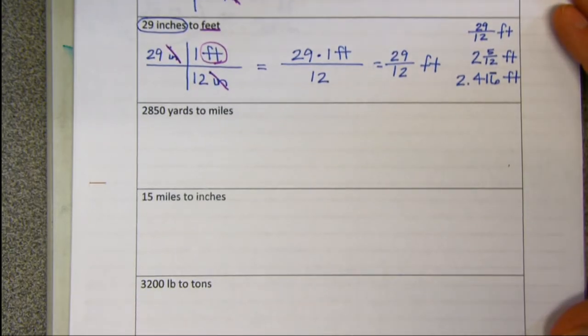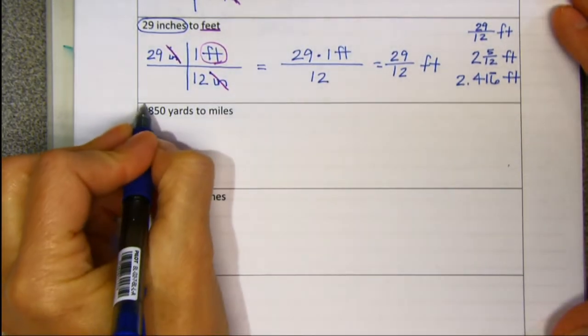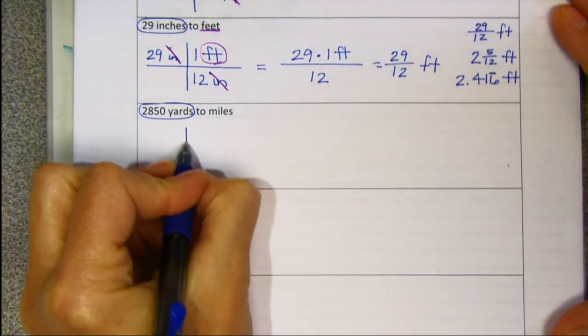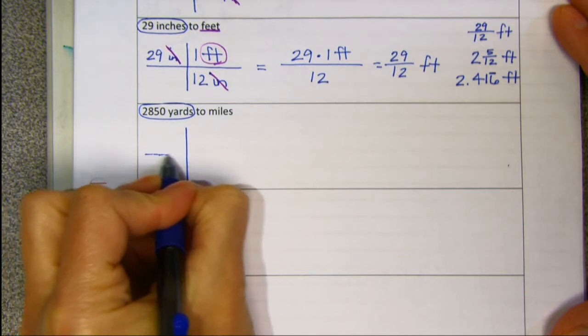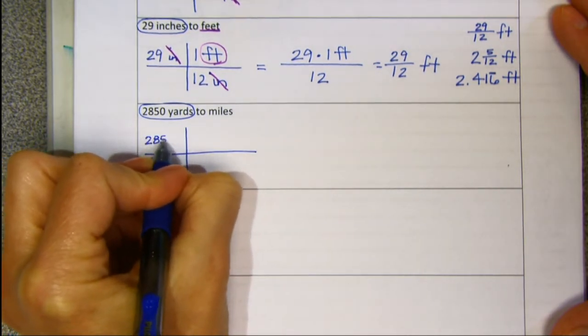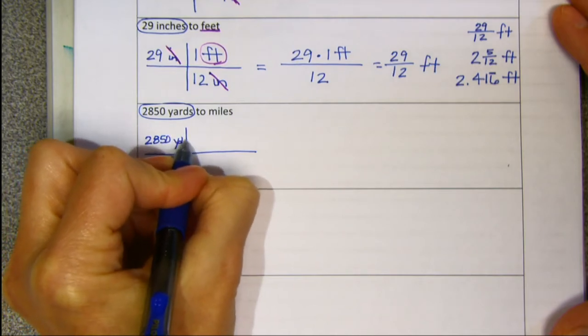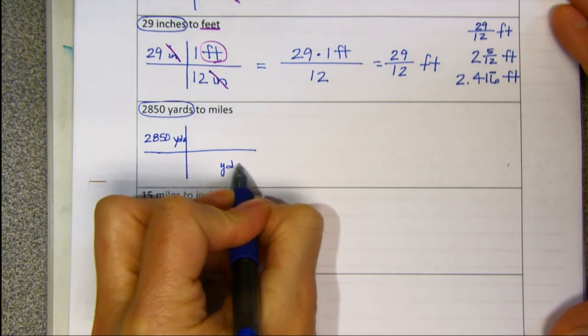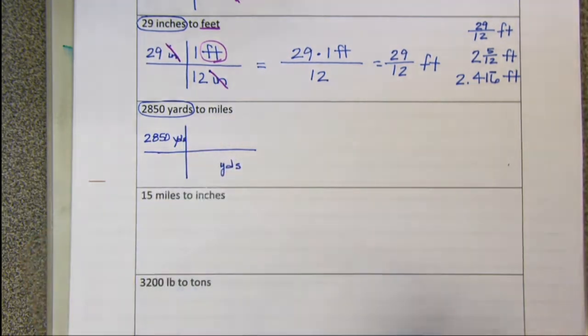Because now we're not dealing with inches and feet. Now we're starting with 2,850 yards. Now something is going to change a little bit in this one. 2,850 yards. Okay, so if yards is on top, I know I need yards on bottom, and I'm going to miles.